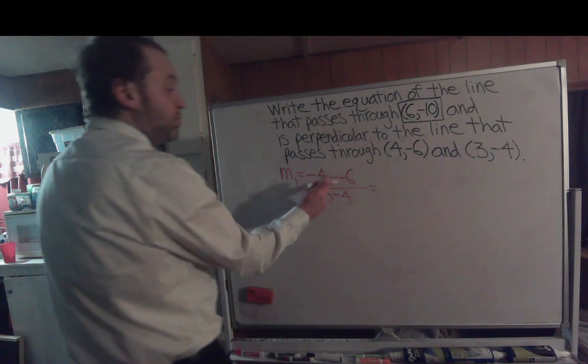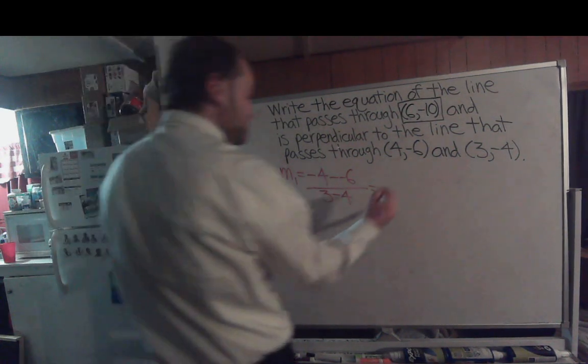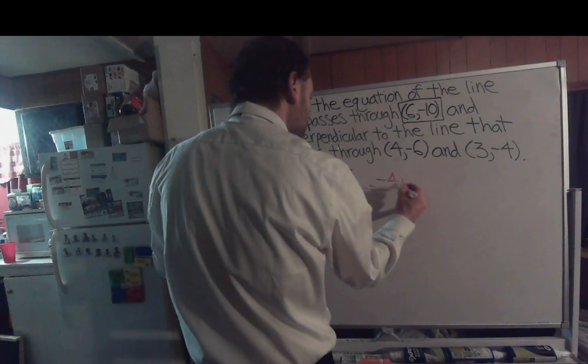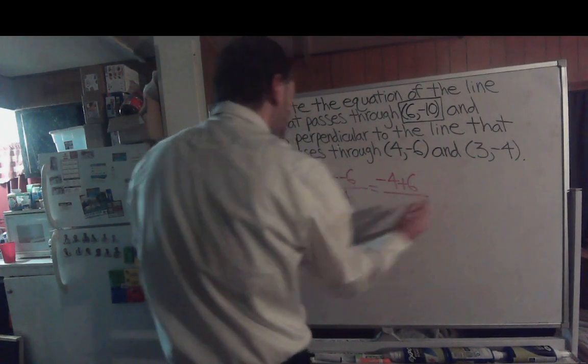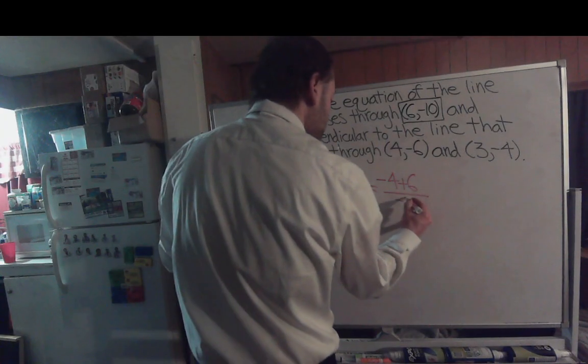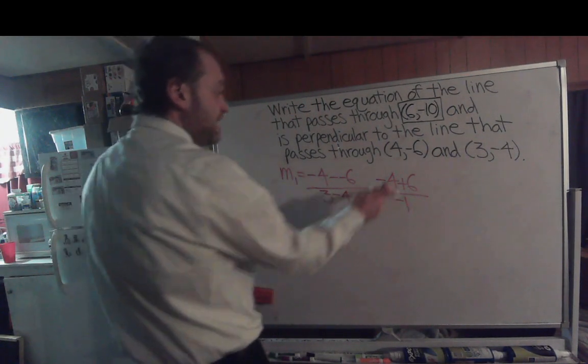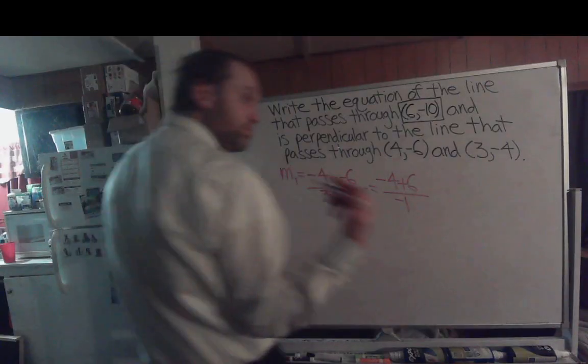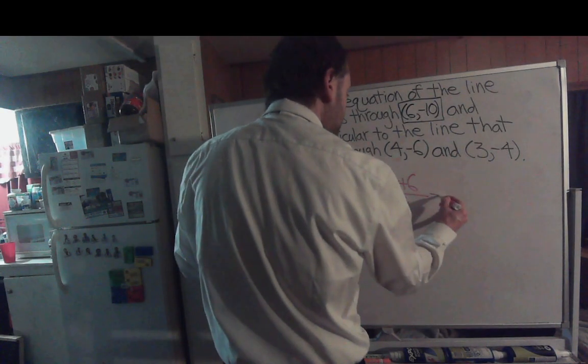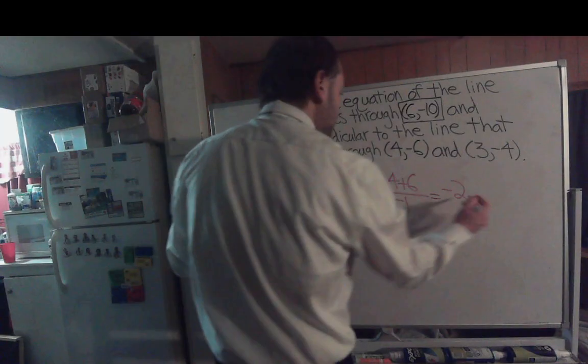Well, -4 minus -6 turns into -4 plus 6, all over 3 minus 4, which is -1. -4 plus 6 is positive 2 divided by negative 1 gives you a slope of negative 2.